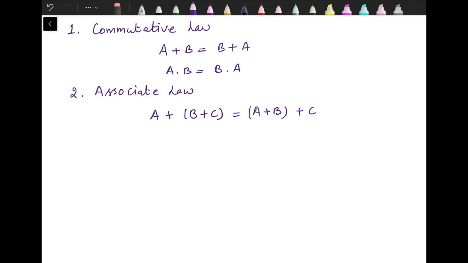On the left hand side, firstly we have the OR operation of B and C, then that is ORed with A. While on the right hand side, firstly A and B are ORed together, then the result of that is ORed with C, but both will give us the same value. Similarly, it is applicable to the product also, which says A dot (B dot C) is the same as (A and B) ANDed with C. Again, it means that the AND operation of several variables is the same irrespective of the variable grouping.